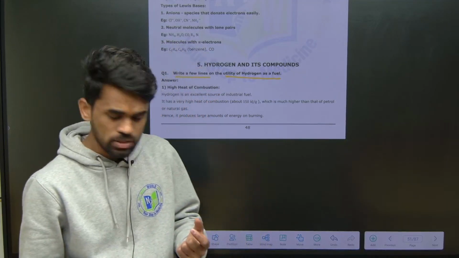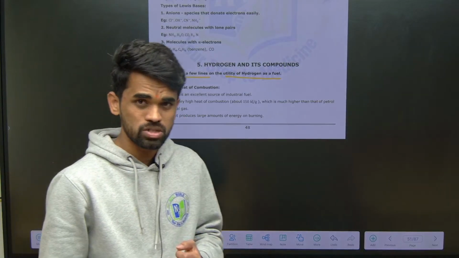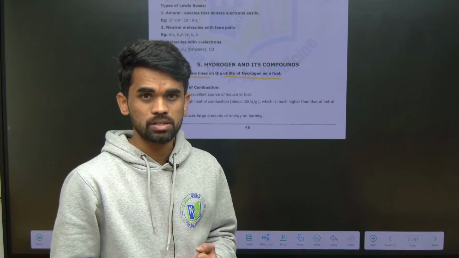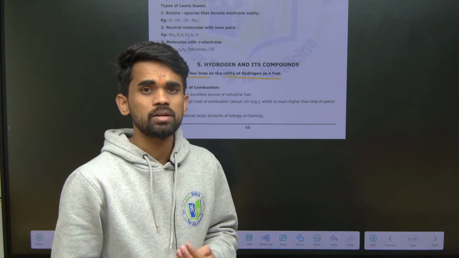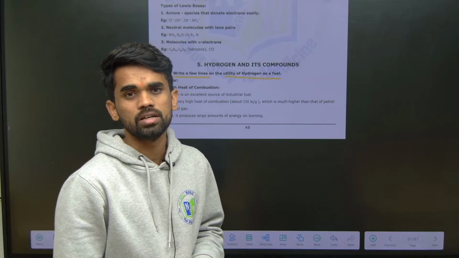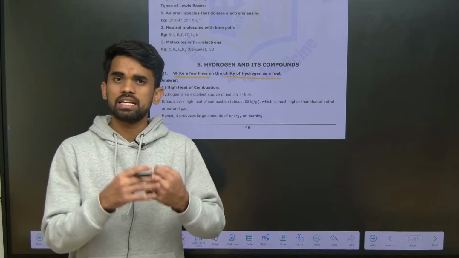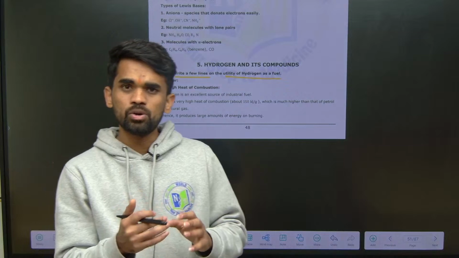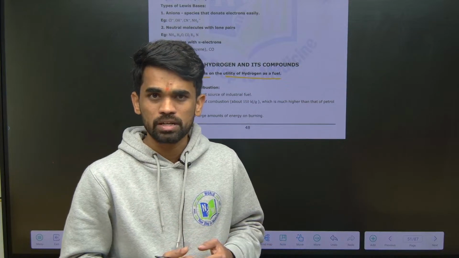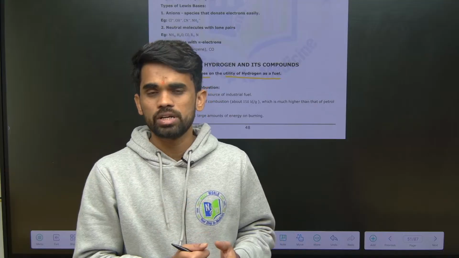Also, the byproducts formed during the combustion of hydrogen are not pollutants, because it only forms water molecules. Water is not considered a pollutant. If CO2 gas, carbon monoxide gas or hydrocarbons were released, we could say it is a pollutant, but here the byproducts formed along with the heat are not pollutants.